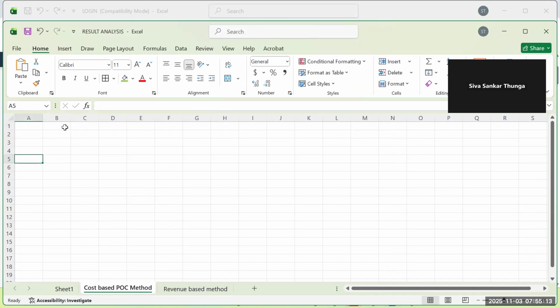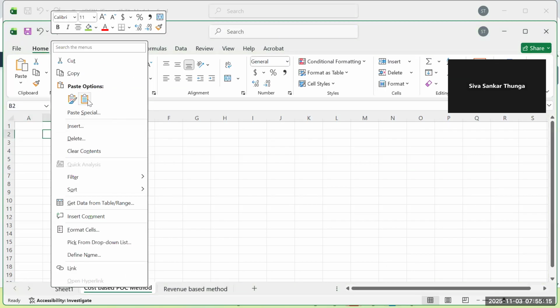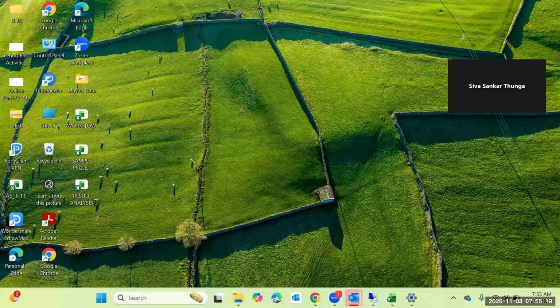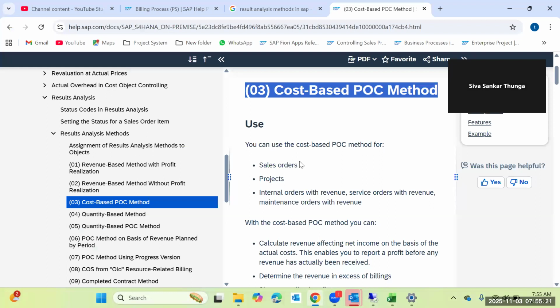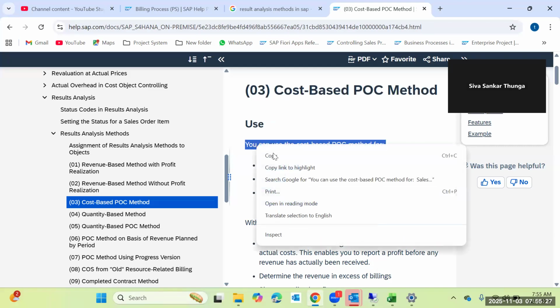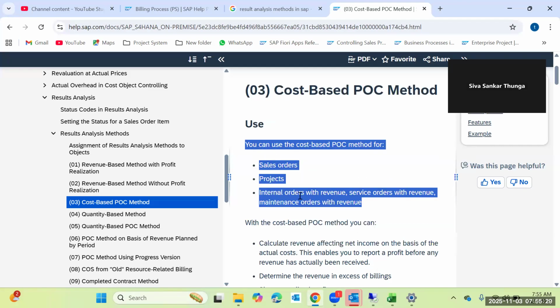So let me put here cost-based POC method. What are the objects? You can use this method for the following objects. That means not only for projects, we can use it for sales orders, and internal orders with revenue.